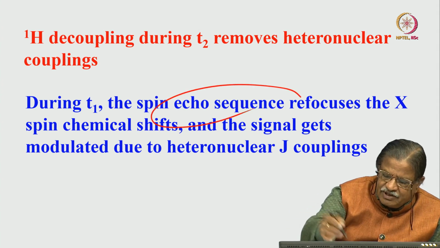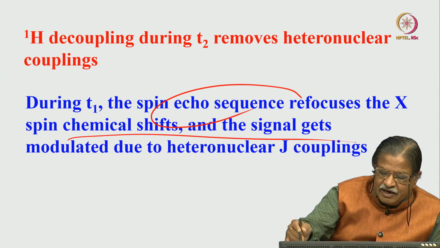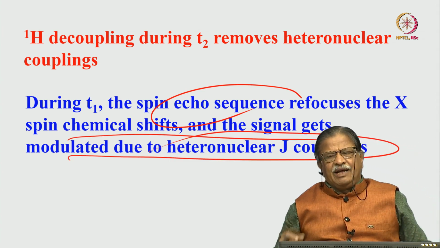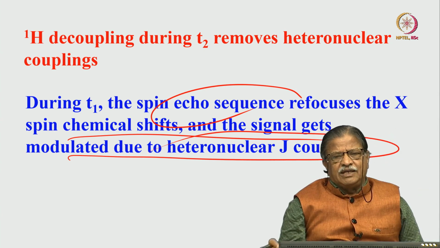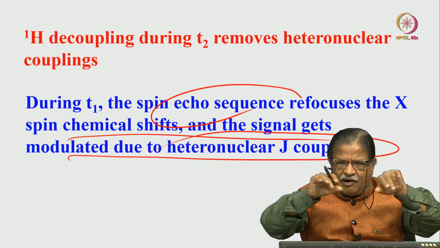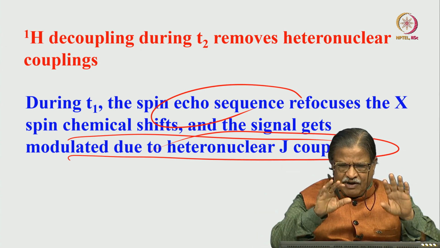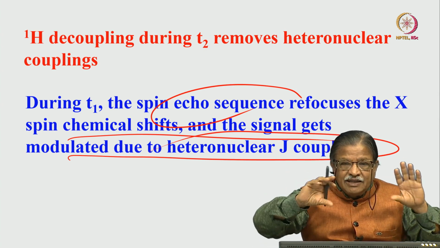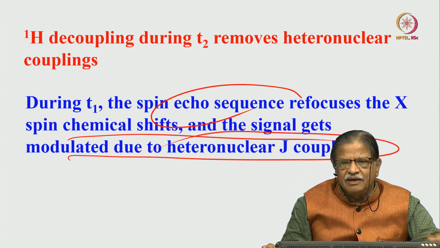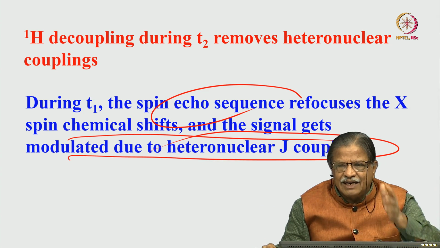During the spin echo in t1, chemical shifts are refocused, and the signal gets modulated only due to heteronuclear J coupling. It is exactly similar to the homonuclear J coupling we discussed. The components of the multiplicity keep changing in intensity depending upon the delay t1 and the interaction strength.